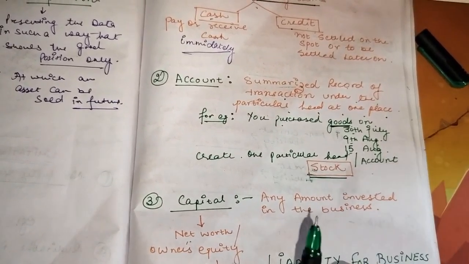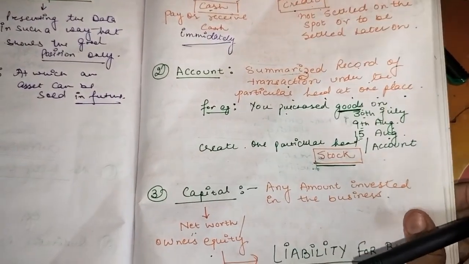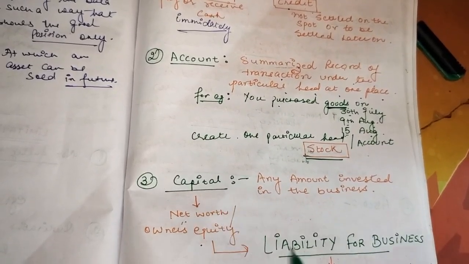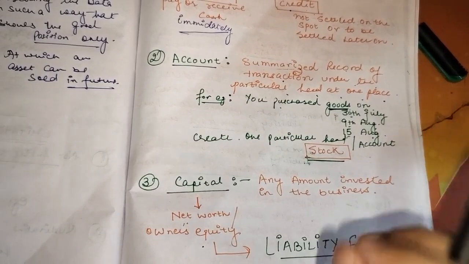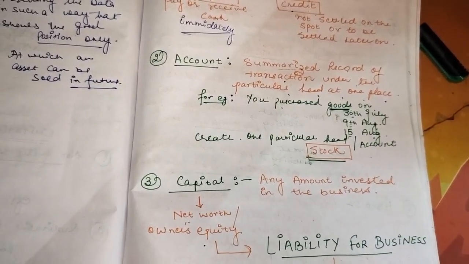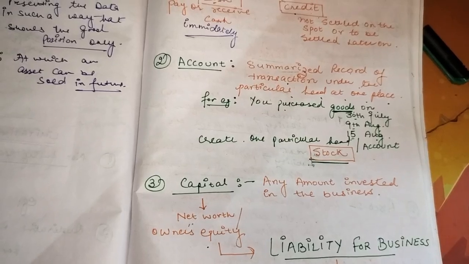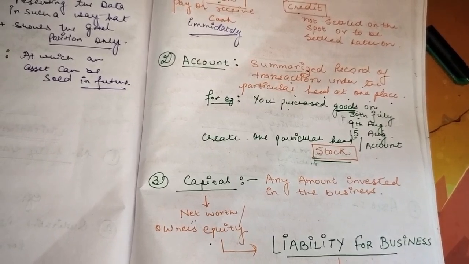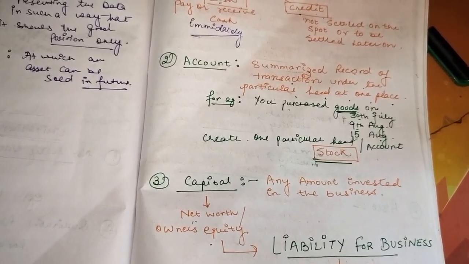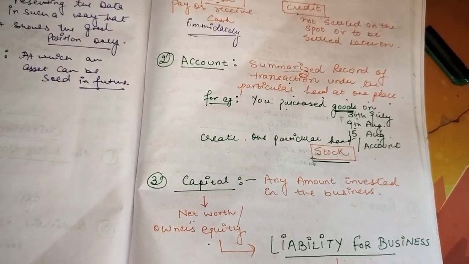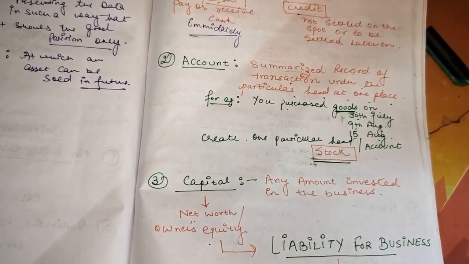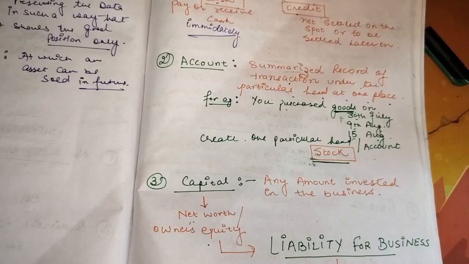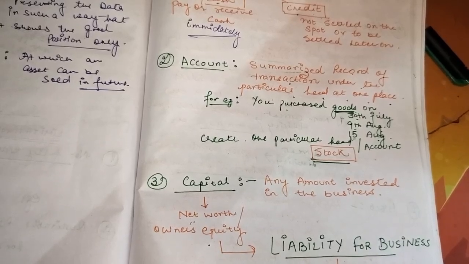Now one thing that is important to note is that capital is a liability for the business. Why is it called a liability for the business? Because in accounting we have one particular concept that says that business and businessmen are two separate entities. For example, I am the owner, and I am investing so much amount into the business. Now my business and I are two separate entities.